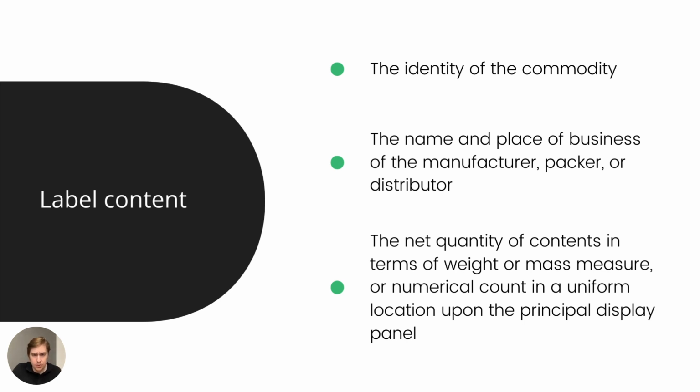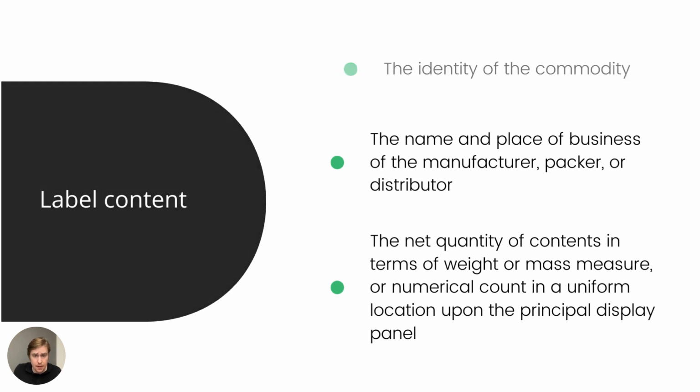I'm pretty sure that the importers are not exempt in any way. And finally, you must also declare the net quantity of contents in terms of weight or mass measure. This means that, I said it could be in terms of weight, but it could also be in terms of length or other units, which I will get to in just a bit.